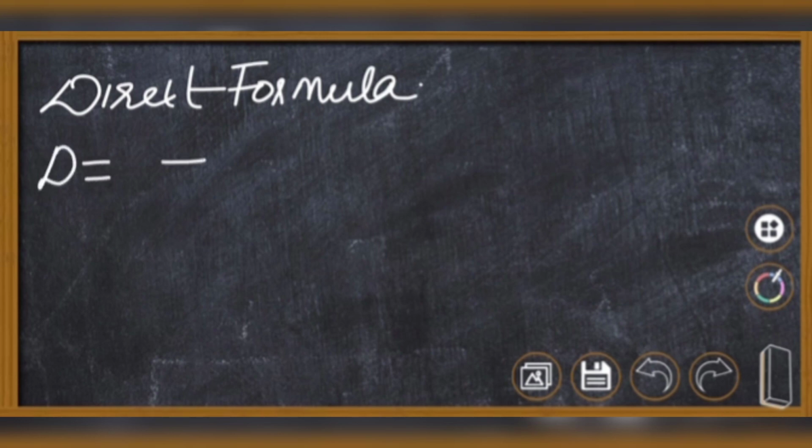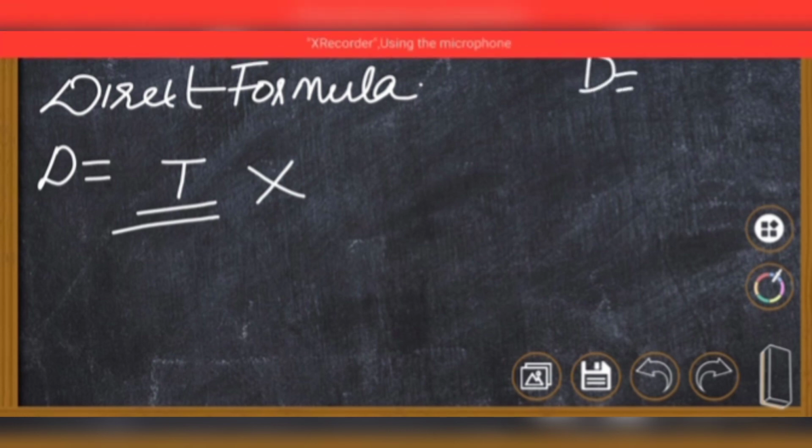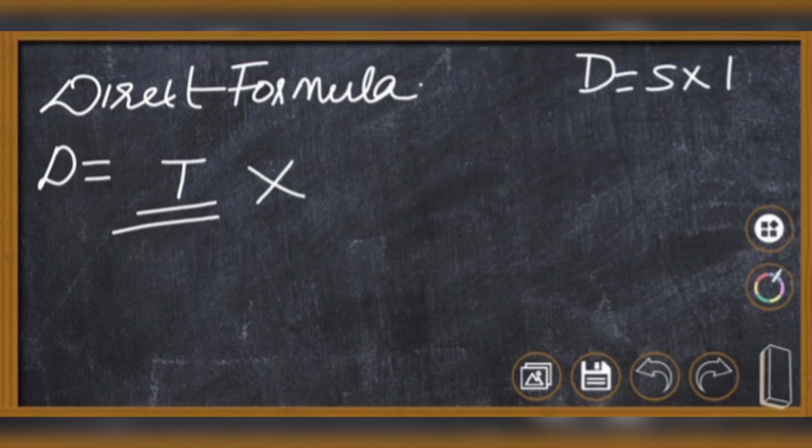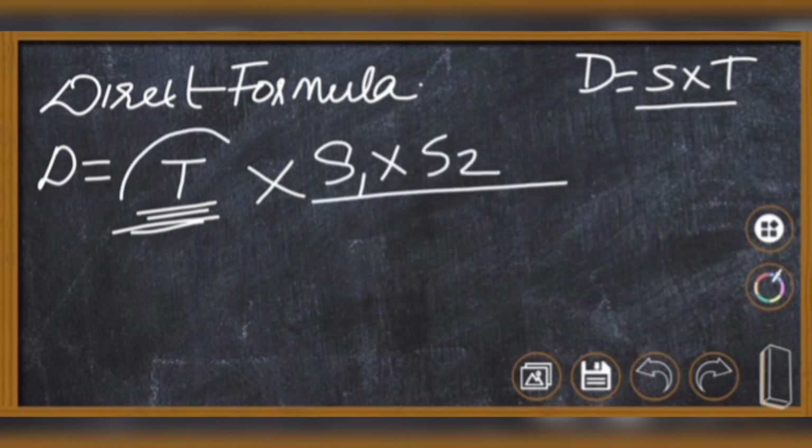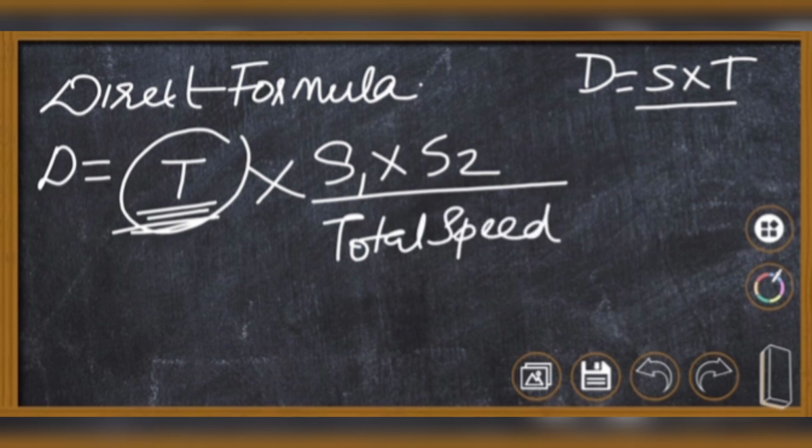The required distance will be equal to total time taken into, distance is equal to S into T. Okay, so the product of the speeds divided by the total speeds.